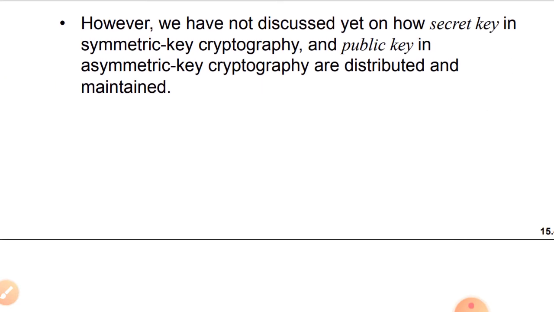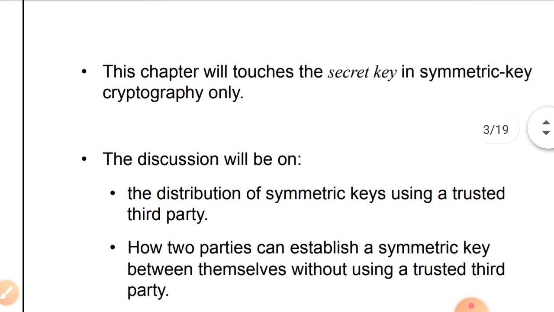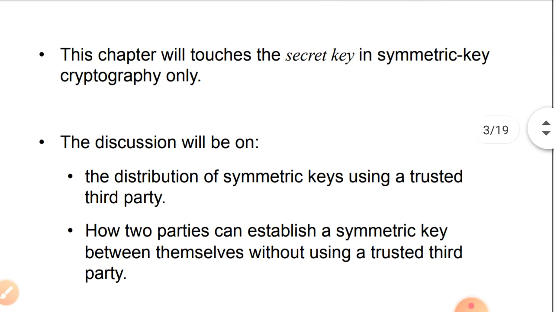However, in the previous chapter we didn't discuss how the secret key is shared among the two parties. This session we are going to discuss that. This chapter touches on the secret key in symmetric cryptography: how the distribution of symmetric keys happens between the two parties by using a trusted third party.